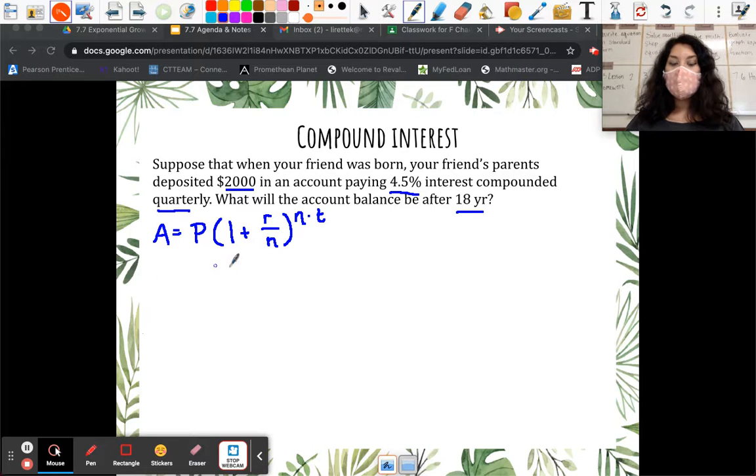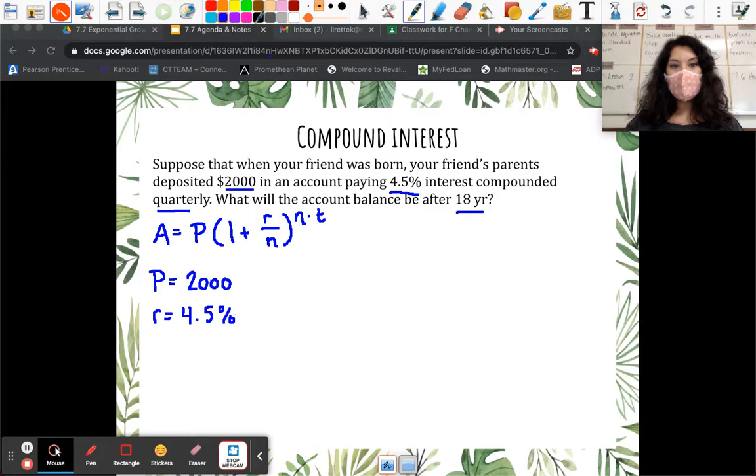So once I've got a formula down, I start replacing all of these variables with numbers. P is your starting amount. It's your initial deposit. These parents initially deposited $2,000. That's our P value. Our R value is our annual interest rate, which we're told is 4.5%.